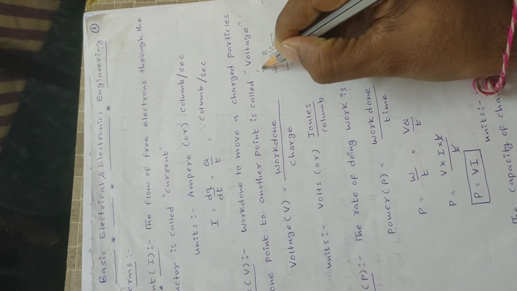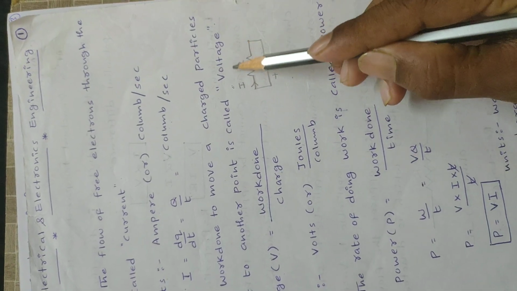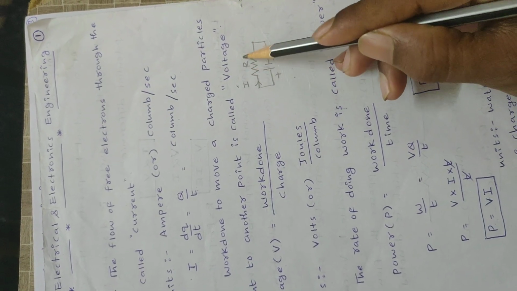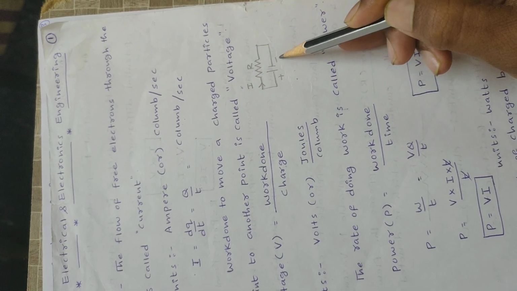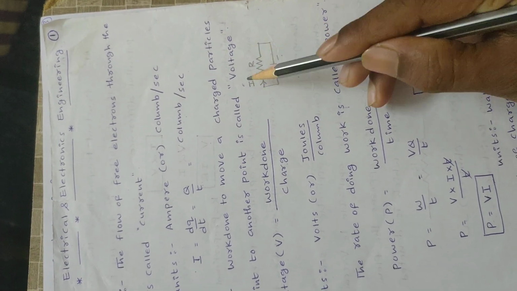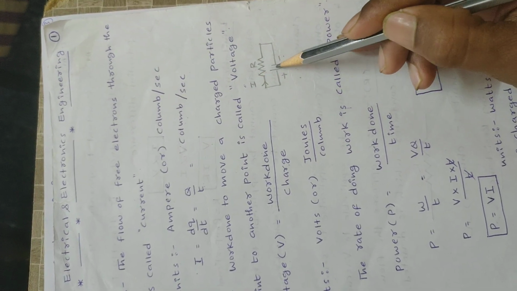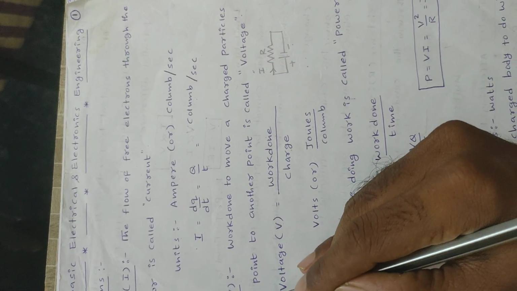This conductor has free electrons but there is no movement. The flow of free electrons happens because of the presence of the voltage. The flow of free electrons is nothing but current. The force which is required to produce this current is nothing but voltage.